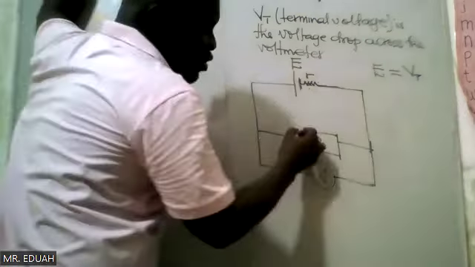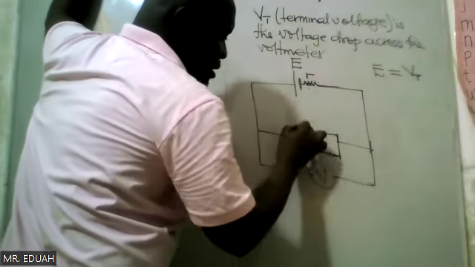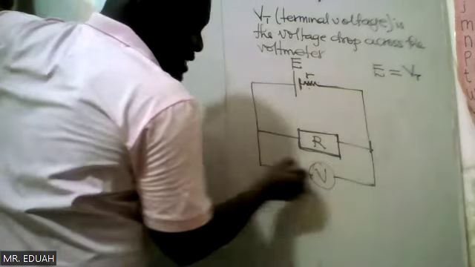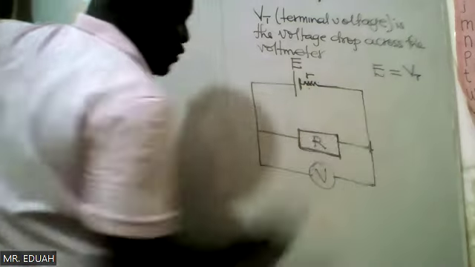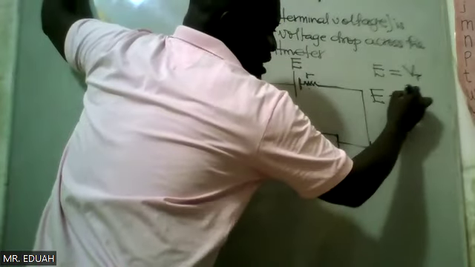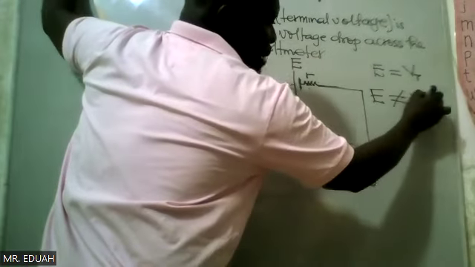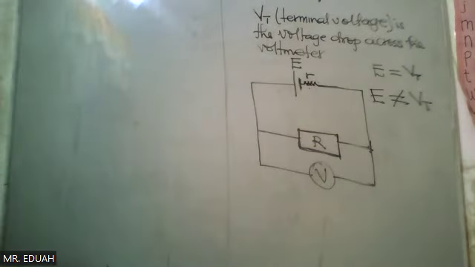Then this time we connected an external resistor R into the circuit. But when you measure the potential difference across the resistor, which is the terminal voltage, this time the EMF of the battery is not equal to the voltage drop across the voltmeter, which is the terminal voltage V.